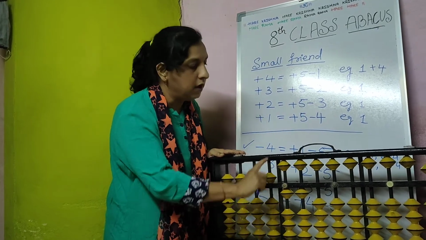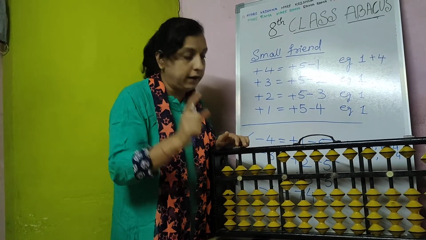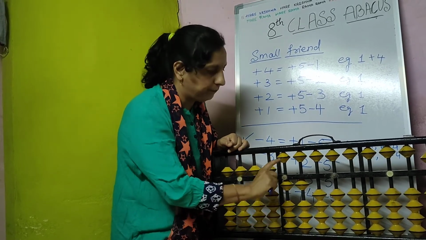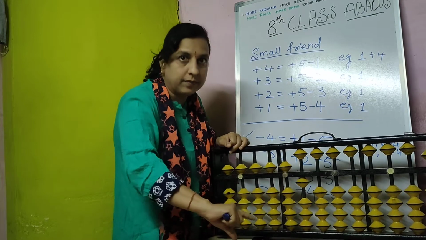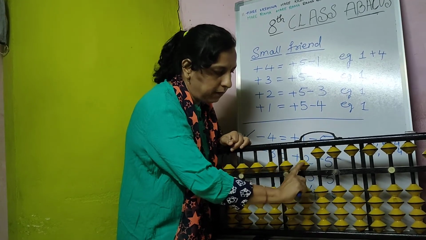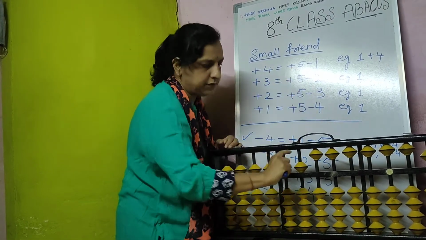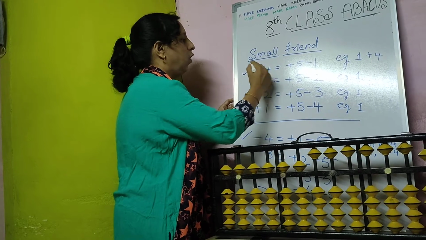Do you remember this? Remember this point: our hand movement is from up to down, not down to up. Up to down. So +5 -1 like this. I did +5 -1 simply. I hope you remember this.